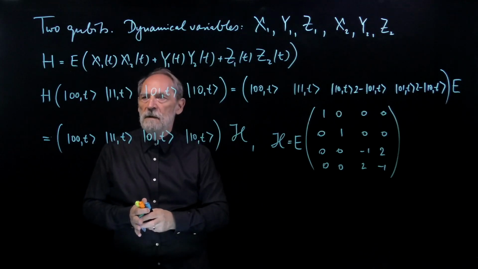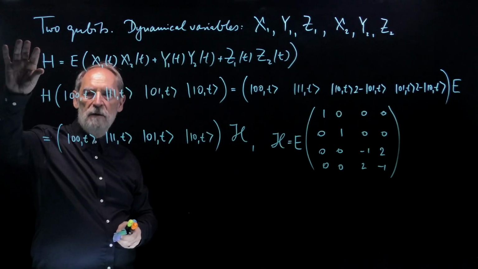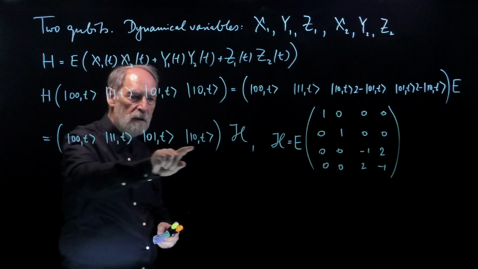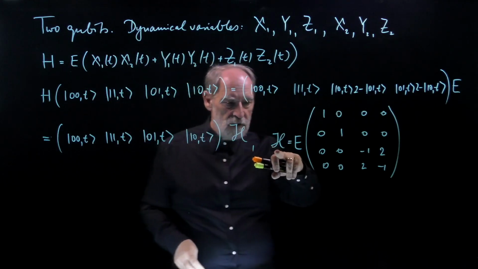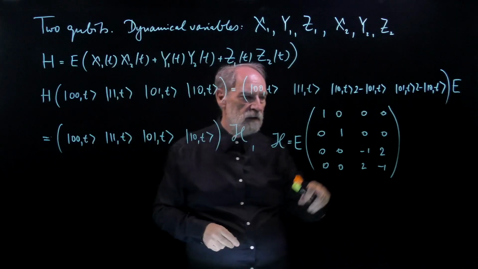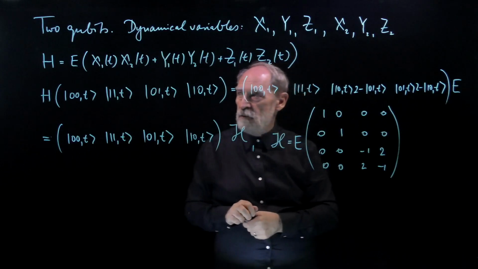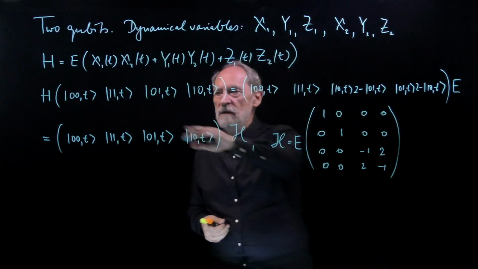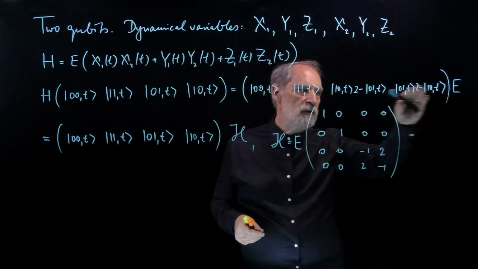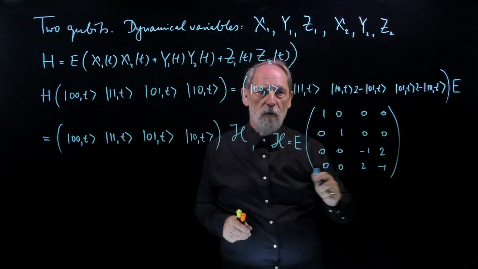So if this is our Hamilton operator, this is our row of basis kets, then the matrix representing the Hamilton operator is this matrix. And as we can see, the matrix itself does not depend on time. This relation with these coefficients that appear here is the same for all times.